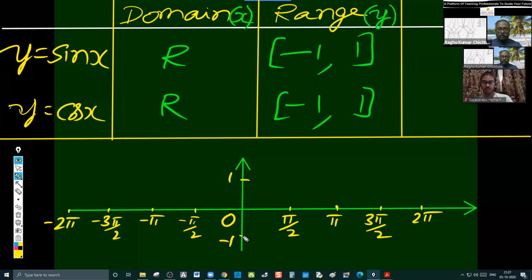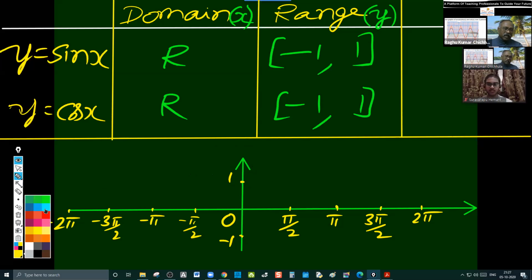You must have the common sense that the graph must lie between minus 1 and plus 1 only. Okay. So let us see that. Let me change the color so that you will have more clarity about this.